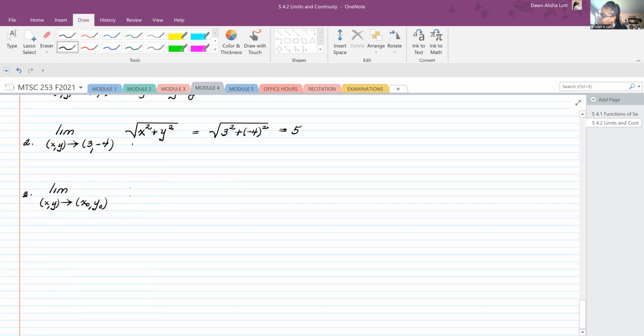Okay, x squared minus xy over the square root of x minus the square root of y. And that gives you 0 over 0, because this is approaching (0, 0).